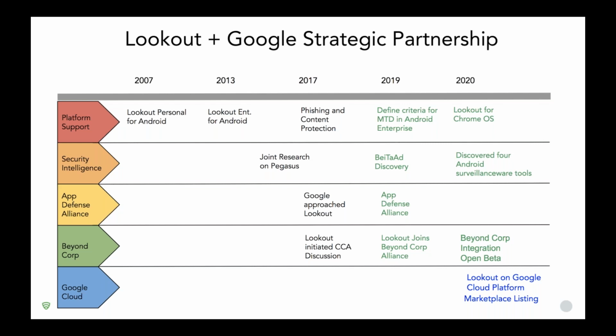And ultimately, Google wanted to secure all the applications that they have in the Google Play Store. So they started working on an alliance with us. We had discussions around how we could formalize this. And then at the same time, we started to discuss integrations with Google. Well, how can we protect your productivity suite, which was previously G Suite, today called Google Workspace, which was recently renamed.